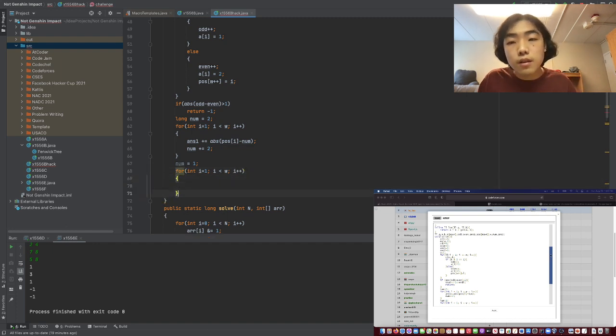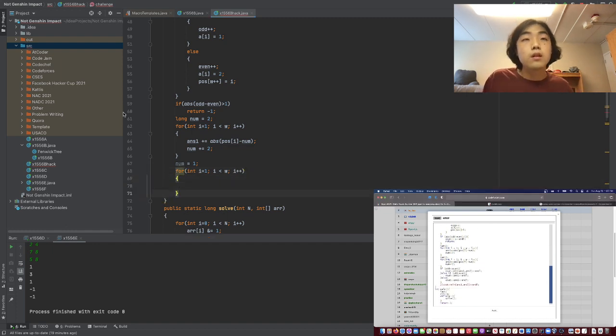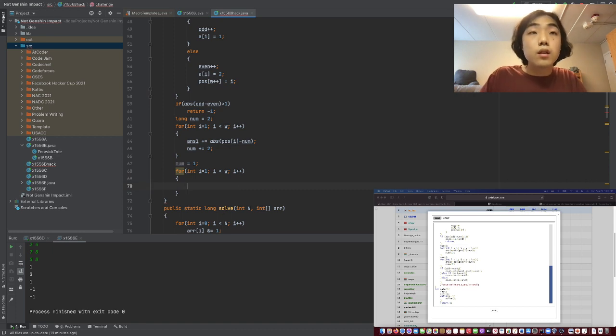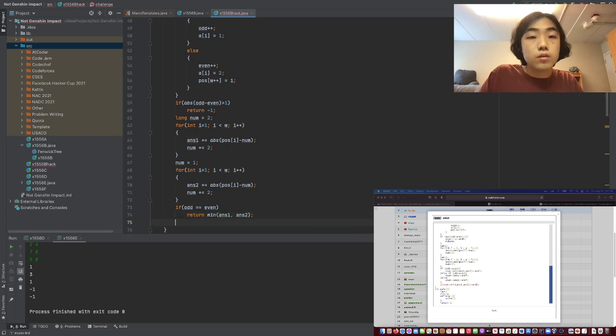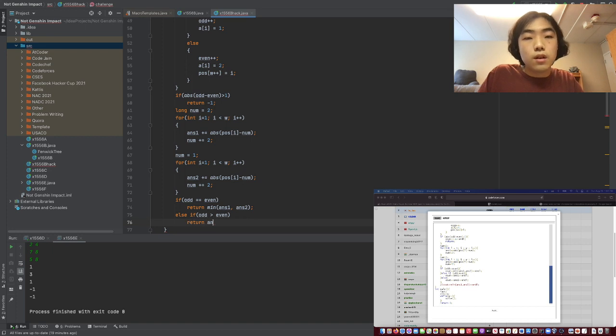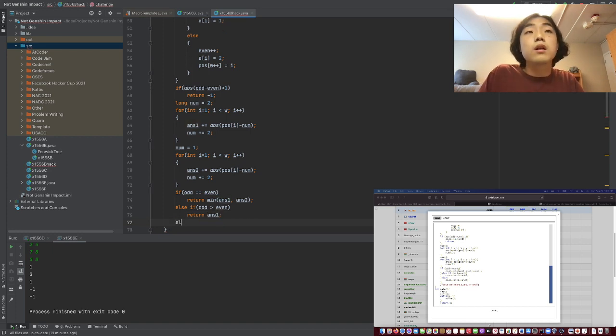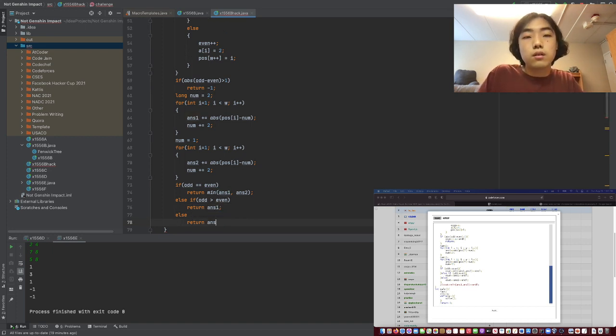Same thing, probably, and then just return, right? Or answer at 2, absolute value, position i minus num, and then num increases by 2. If odd is equal to even, then we return the min of answer at 1 and answer at 2. Else if odd is strictly greater than even, then we return answer at 1, otherwise we return answer at 2.